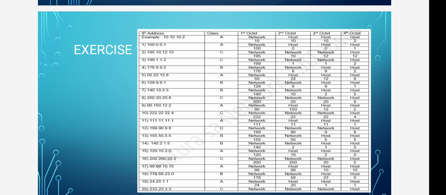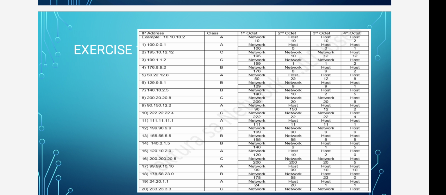In class A, we have 0 to 127. In 0 to 127, we have only one network part, and the network part of class A is only the first octet.